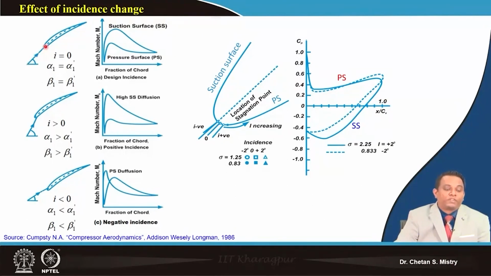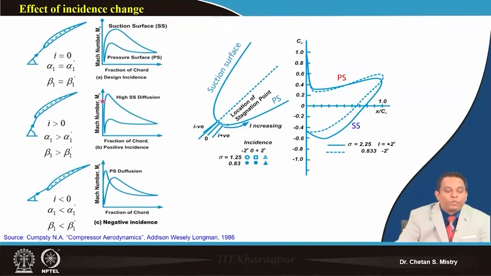So this represents my incidence angle 0 condition. Now as we have discussed, we can have our incidence angle greater than 0. The meaning is that my alpha 1 is greater, my beta 1 is greater. And we can have a third condition in which my incidence angle is less than 0. So this is my configuration.